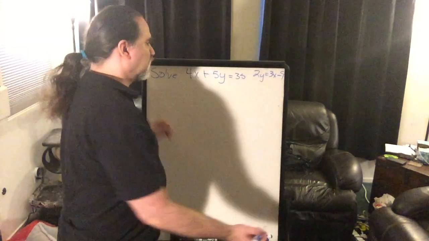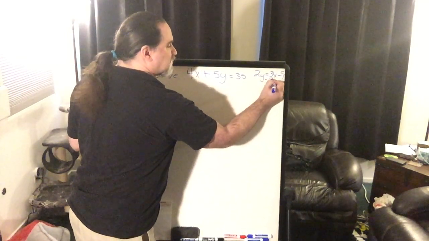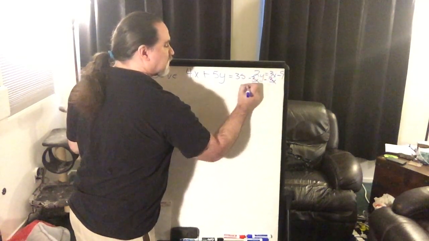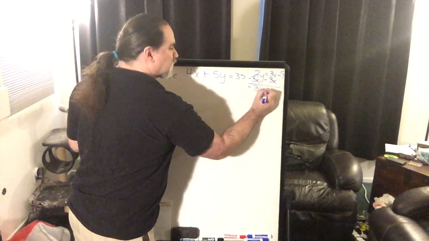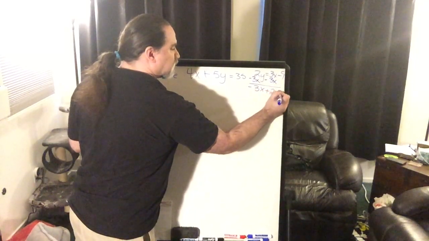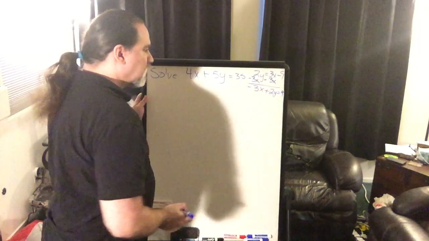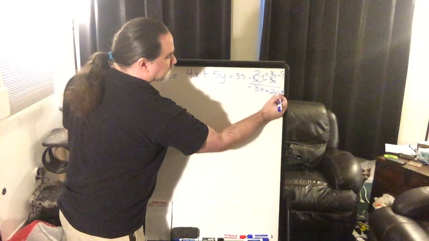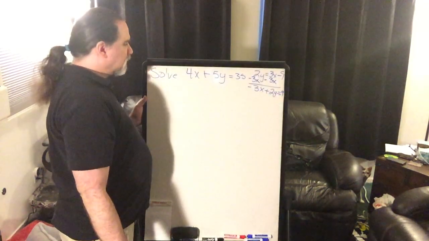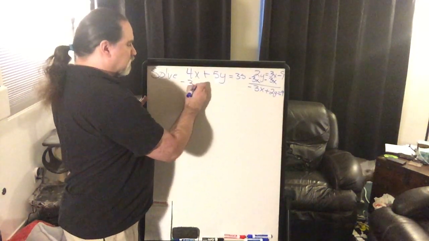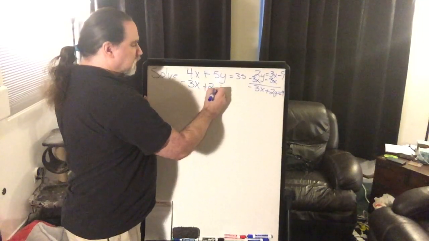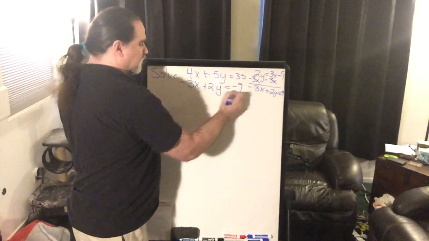I want to mess with this one. But it doesn't take much. I just have to subtract 3x from both sides. I get negative 3x plus 2y now equals negative 9. Well, I'm going to write this one right under here. So it's negative 3x plus 2y equals negative 9.